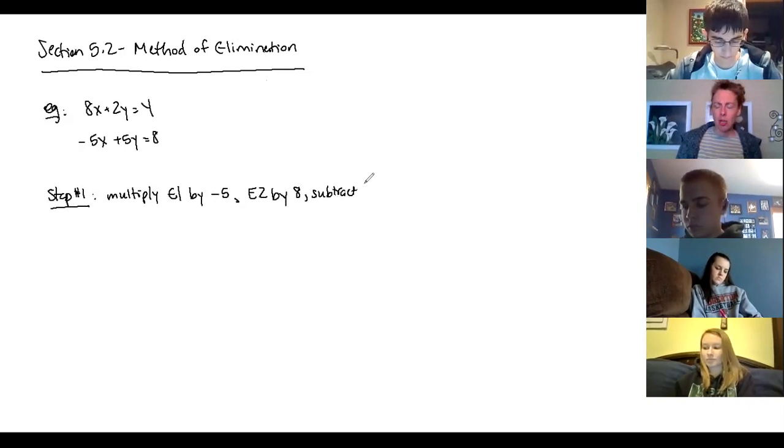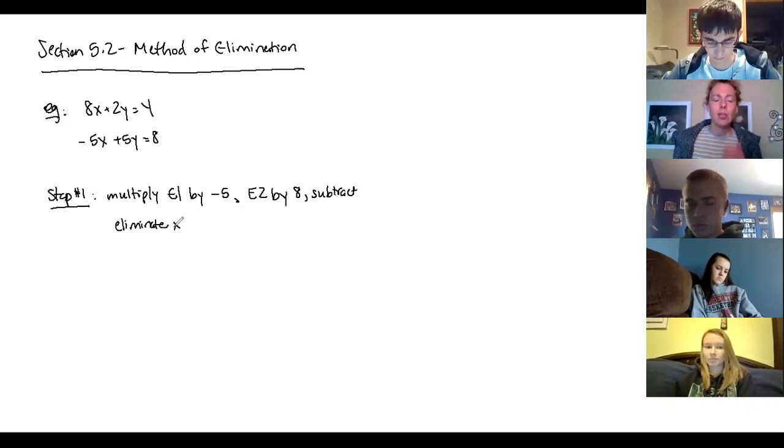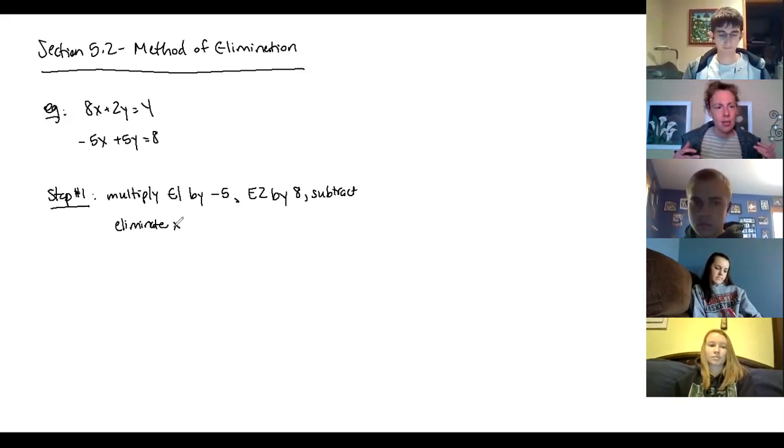This would allow us to eliminate the x's. If you multiply equation number 1 by negative 5, equation number 2 by 8, and then subtract, then you will get rid of the x's.